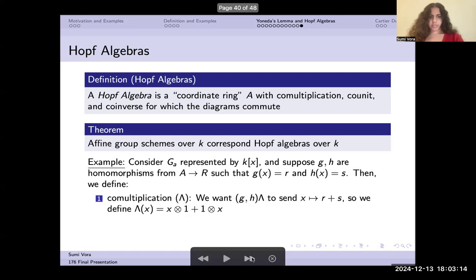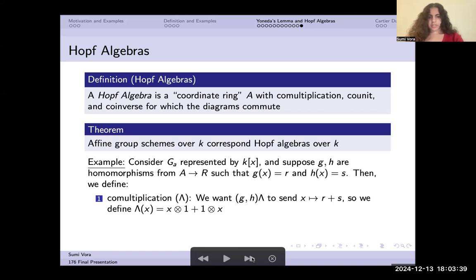So first, co-multiplication. This is I think the hardest one to think about, but we know for sure that if we do co-multiplication and then we apply G and H, and recall these get applied coordinate-wise, then we want x to be mapped to R plus S when we do co-multiplication and then apply G and H, right?